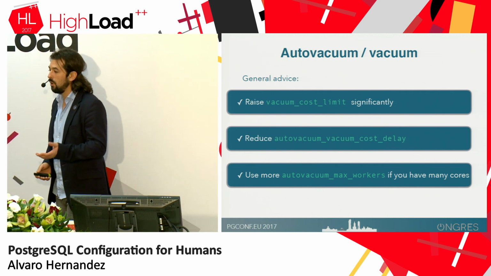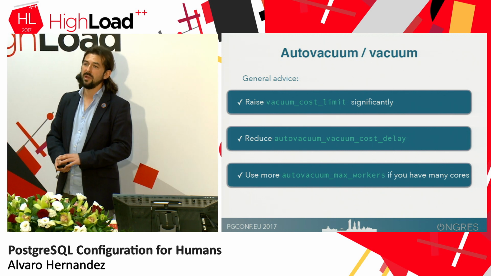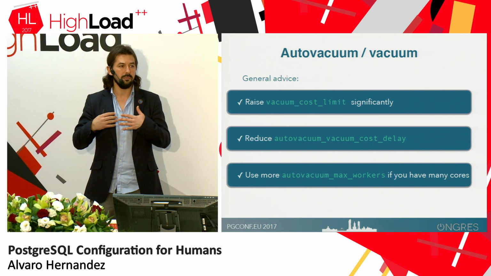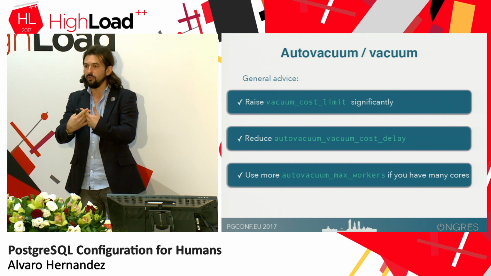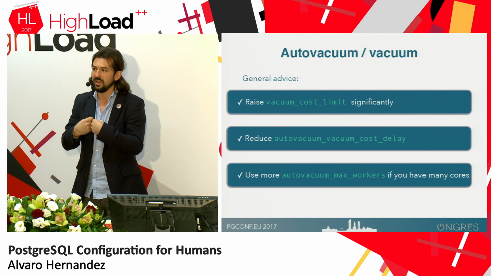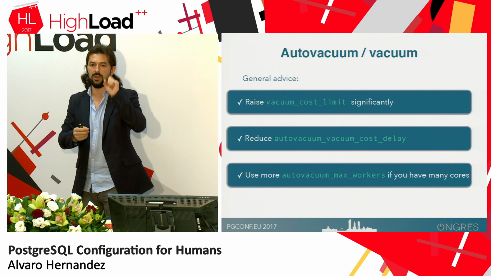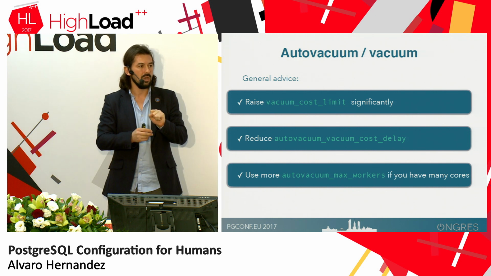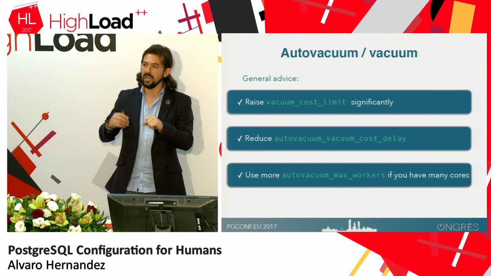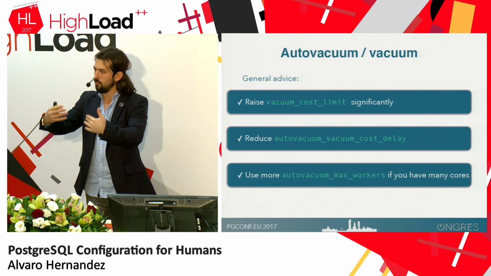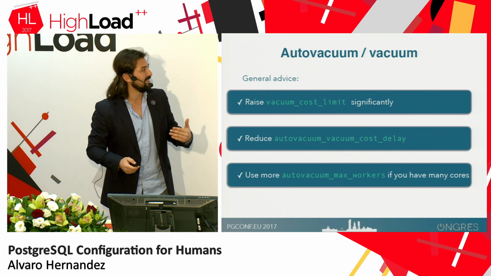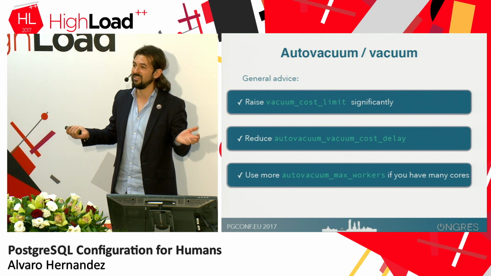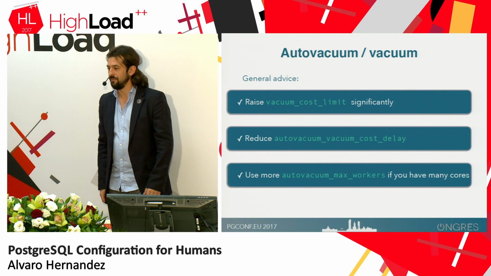Basically raise a parameter called vacuum cost limit, which tells how much work vacuum will do per unit of time, and also decrease the time that it naps, because it runs a bit and then pauses, runs a bit and then pauses. So the trick here is to increment the amount of work that it performs per round, and also decrease the sleep time, which by default is like 10 milliseconds. 10 milliseconds on a computer is ages, right?